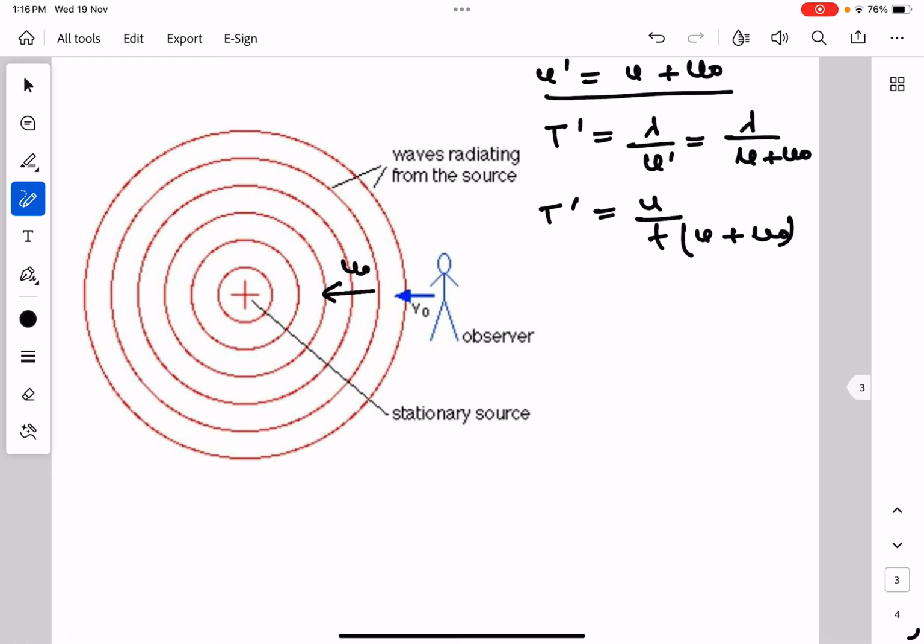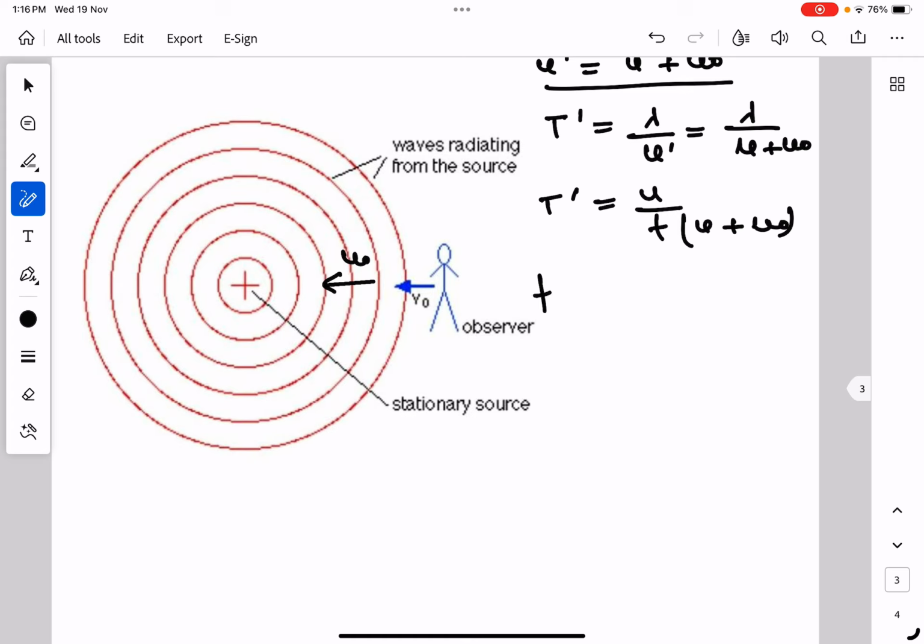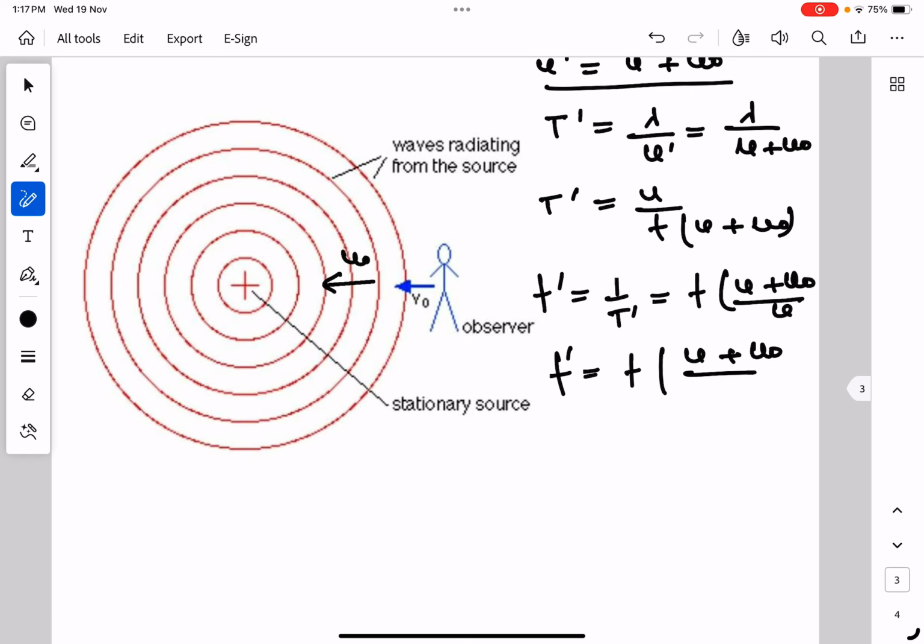Therefore apparent frequency in this case would be equal to 1 upon t dash equal to f into v plus v naught upon v. So apparent frequency in the case when observer is moving towards the stationary source with a velocity v naught is equal to f multiplied by v plus v naught upon v.